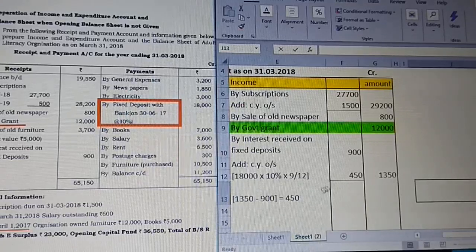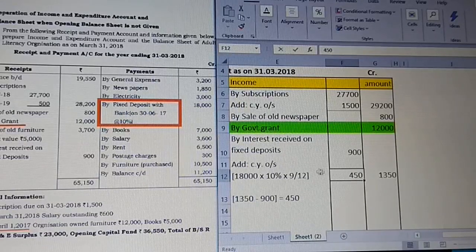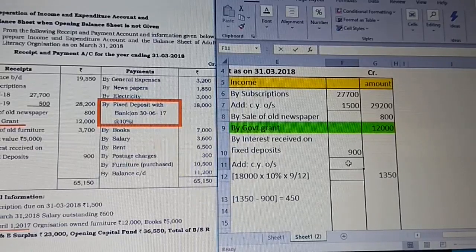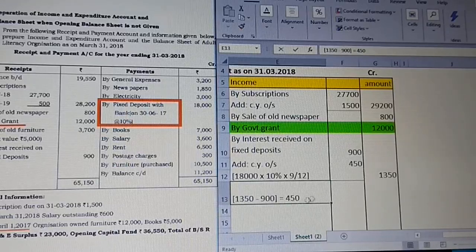So this is the value I have to take up in the inner column. So this 450 outstanding amount, let me just take this here and write it: outstanding for the current year is 450.